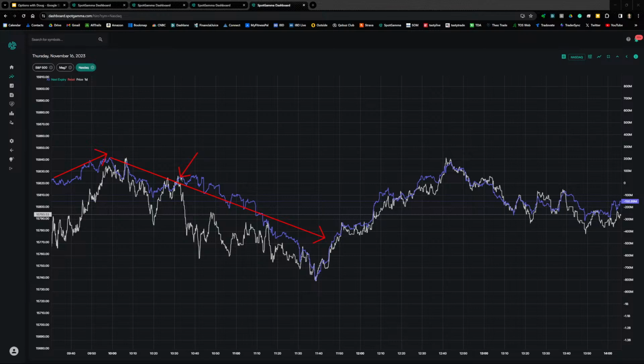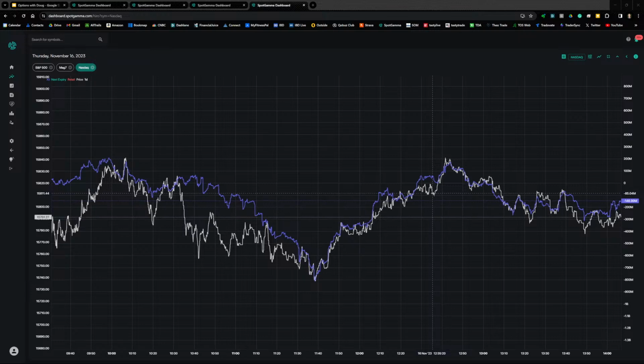The pullback to that trend line right around 10:30. So when I'm trading, I'm looking at Bookmap on one screen and Hero on another screen. So I'm combining what I see in Hero with the order flow I see in Bookmap. So there's the short setup in NASDAQ.